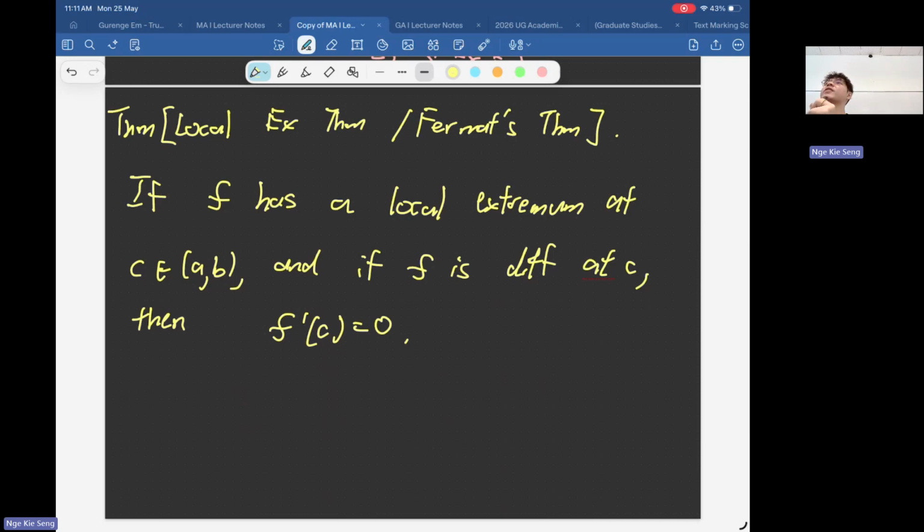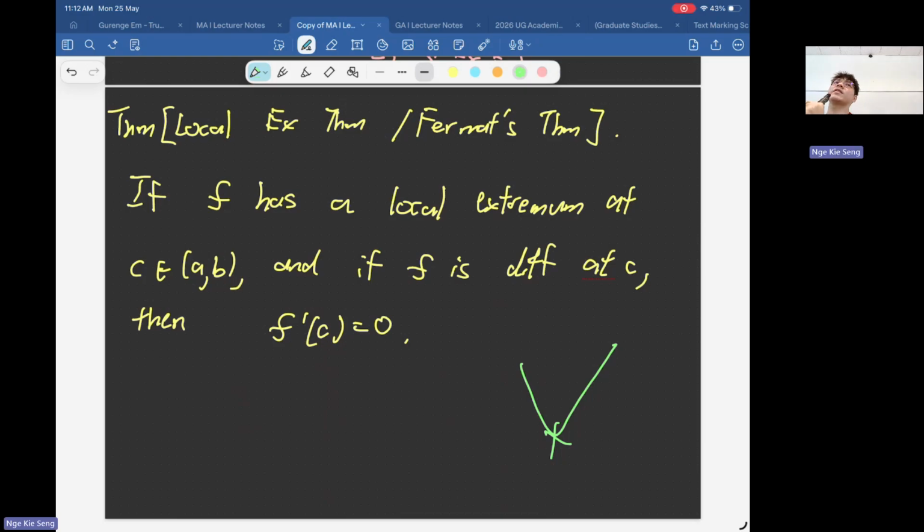So not every function you can do this with. For example, last time I told you about the absolute value function. This minimum here, you cannot find using a derivative. You need to go and compare all the values. But if you have differentiability, then you can get this condition here. Does it make sense?